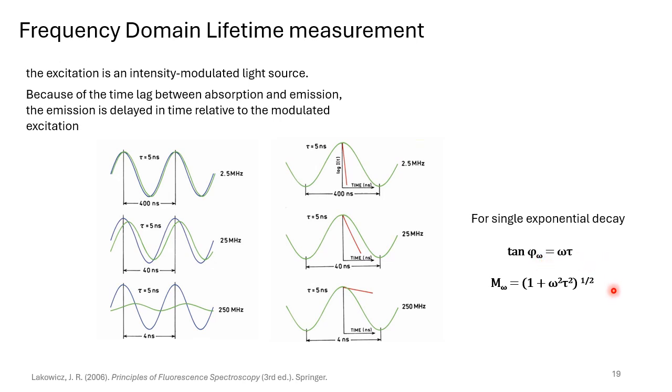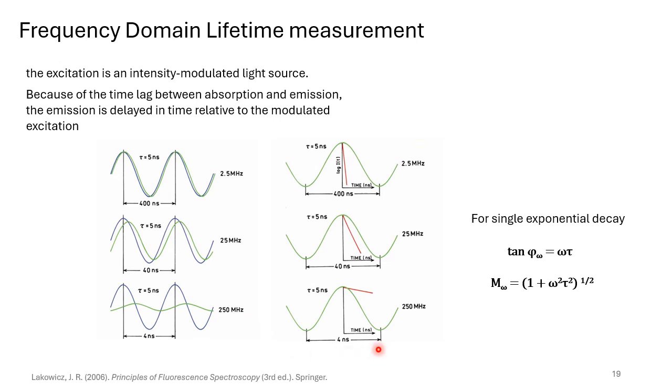And as the finite lifetime of the excited state prevents the emission from precisely following the excitation, this results in a decrease in peak to peak amplitude of the modulated emission, which is measured relative to the modulated excitation. Now the phase shift and the modulation of the emission depend upon the lifetime as well as the light modulation frequency.